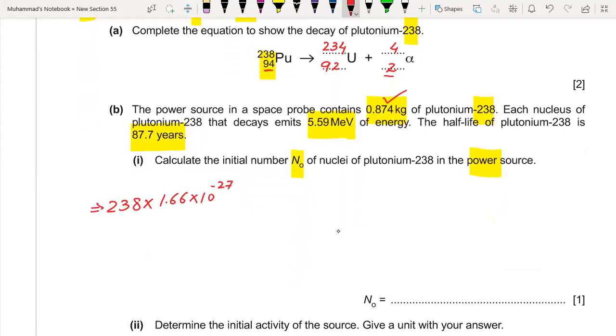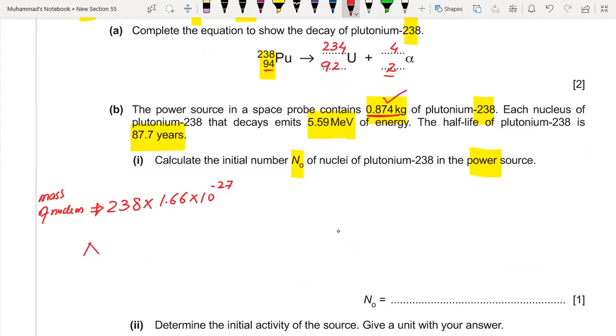This is the mass of a nucleus, in kg. And we have this much mass, so we can find the number of nuclei in that mass.